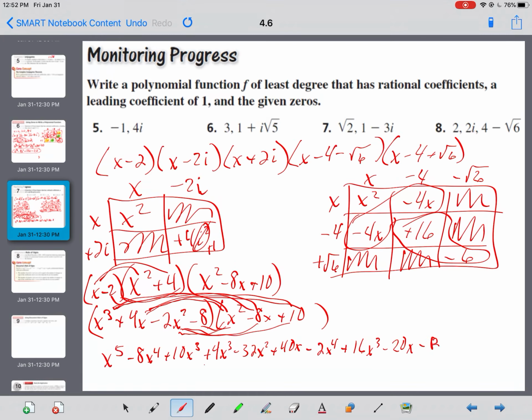Oh man, look at all the room that this is taking up. This is a big one. Minus 8x squared, plus 64x, minus 80. All right, like terms.